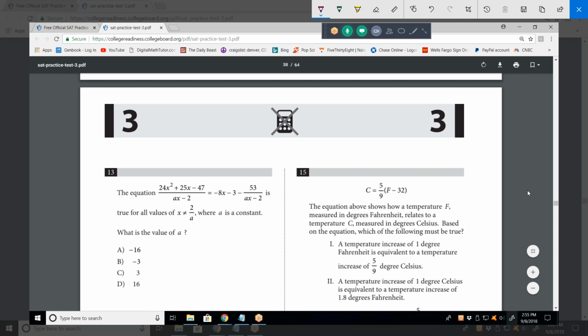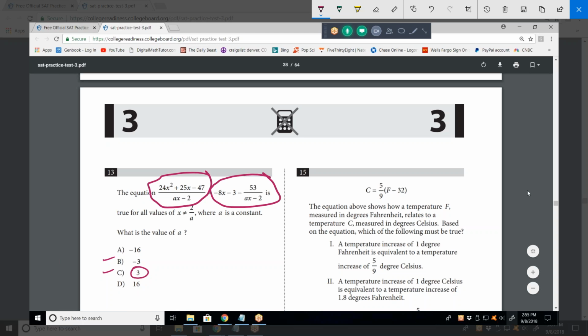Like terms? Can I back solve it? In other words, I'm never going to start with 16. I'm always going to start with B or C. If I plug in, say, 3 for A, is that equation equal to this equation?